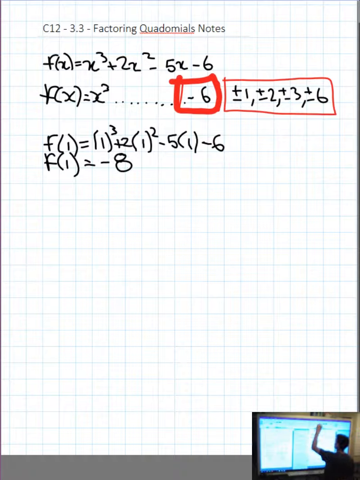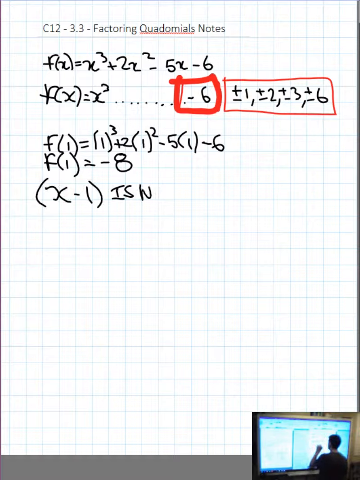So we know x minus 1 is not a factor. So we're done with that one.